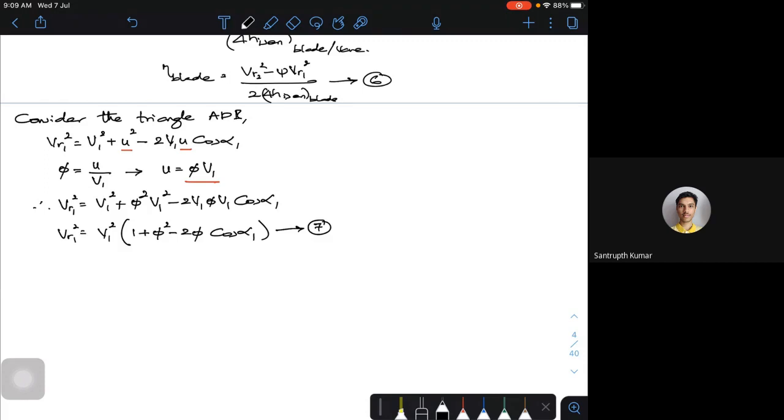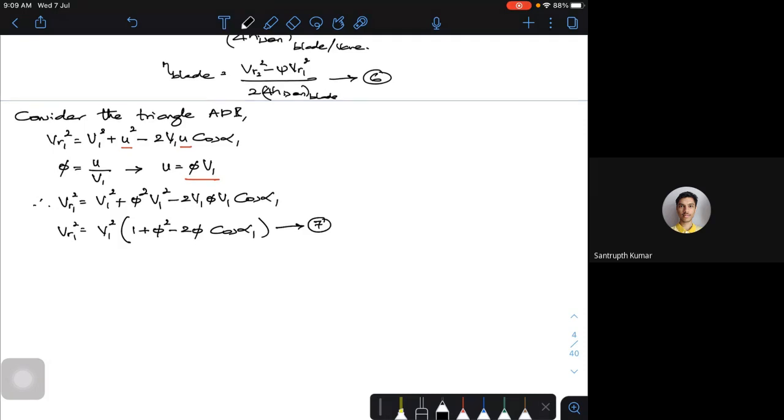Now I will substitute for VR1 square from equation 7 in my blade efficiency equation 6.